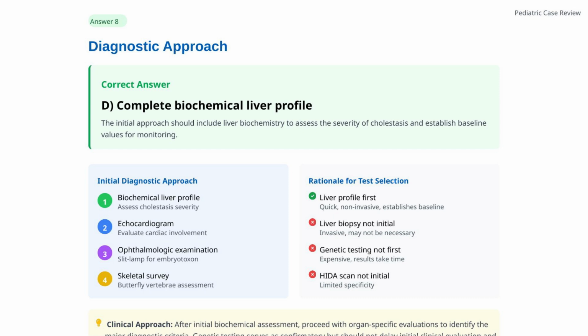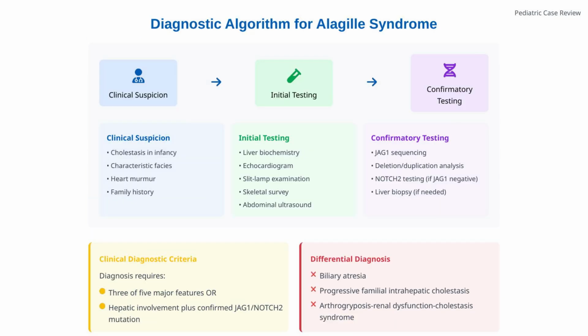After biochemical assessment, the diagnostic approach should proceed with organ-specific evaluations including echocardiogram, ophthalmologic examination, and skeletal survey to identify the major diagnostic criteria. The diagnostic algorithm for Alagille syndrome begins with clinical suspicion based on cholestasis in infancy, characteristic facies, heart murmur, or family history.